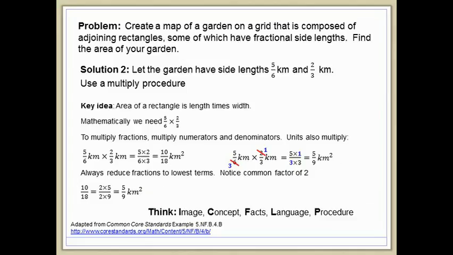Again, this is a much more sophisticated way of looking at it and should only be introduced once the student fully understands the procedure and the idea behind multiplying straight across, and really deeply understands the idea of reducing fractions to lowest terms by finding common factors.